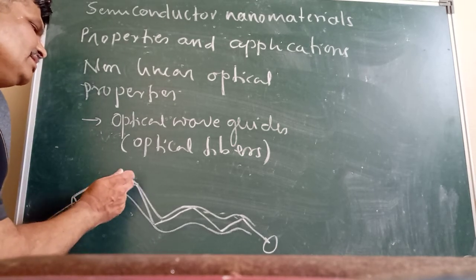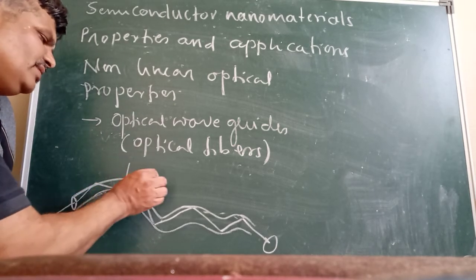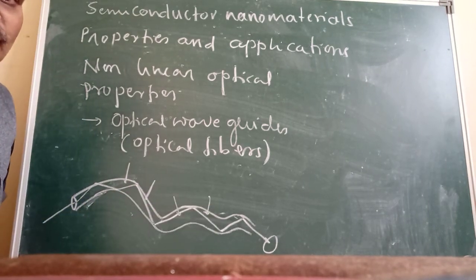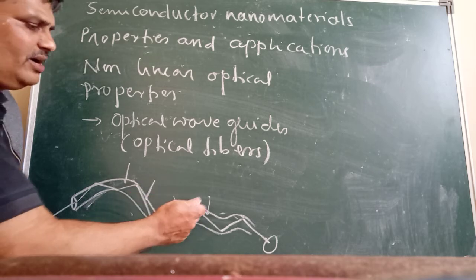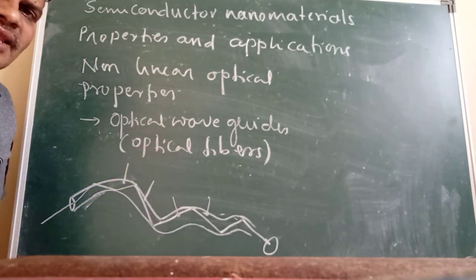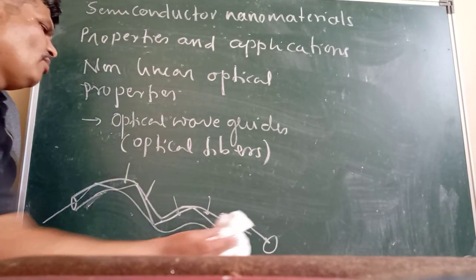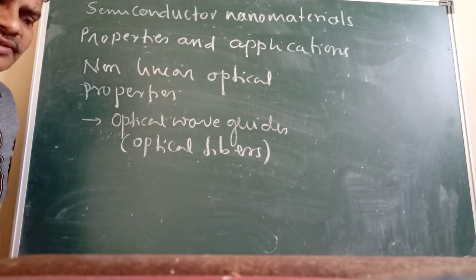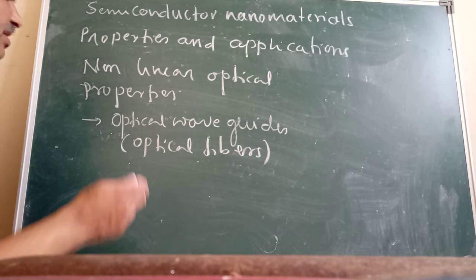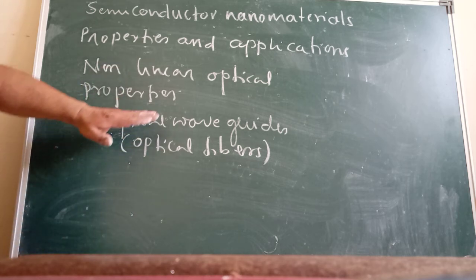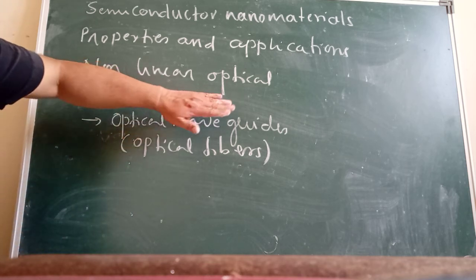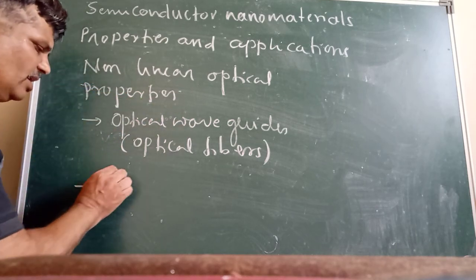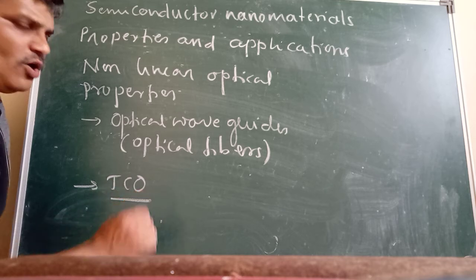Depending upon that, we dope semiconductor or dielectric nanoparticles into the host material, so that the performance of the optical fiber cable or optical waveguide increases. Semiconductor nanoparticles have excellent nonlinear optical properties, especially the transparent conducting oxides.